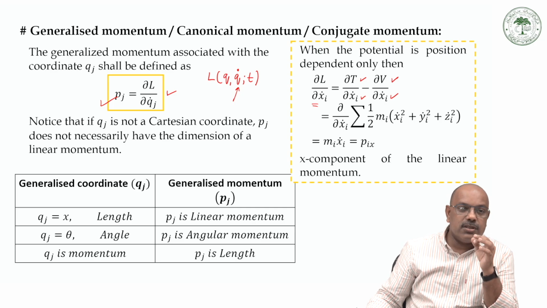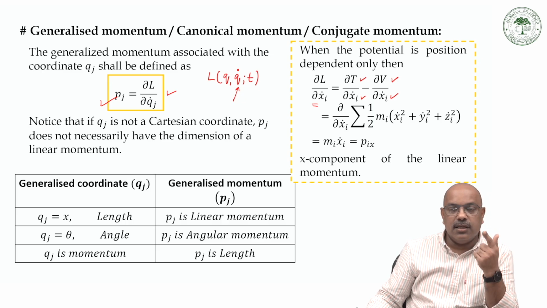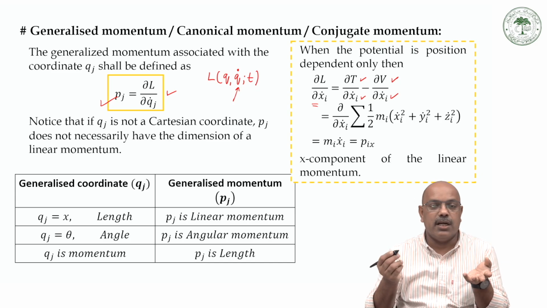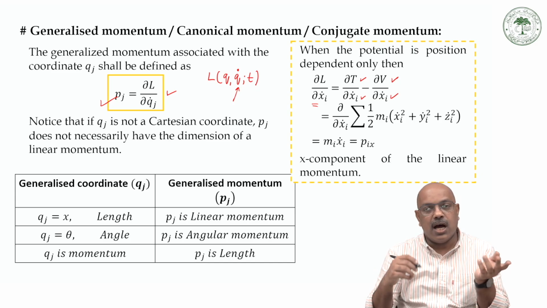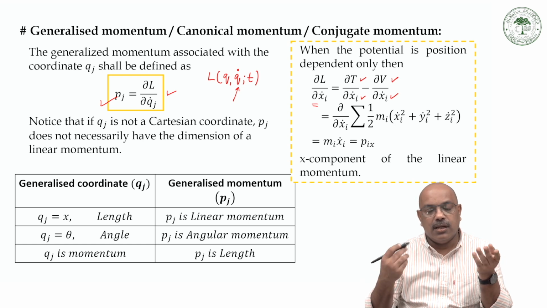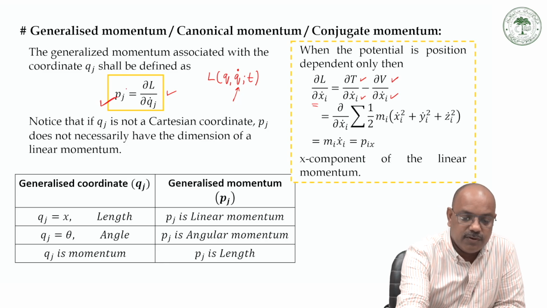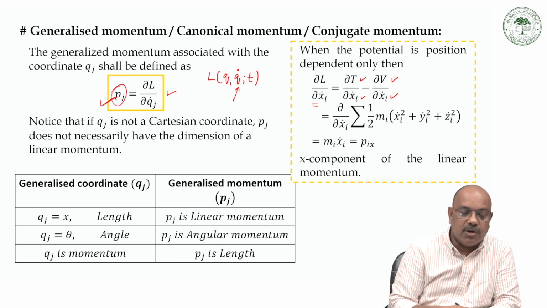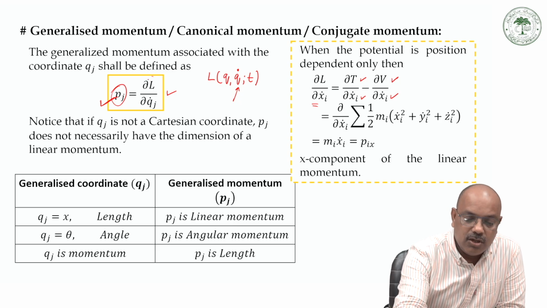Because q can be anything: when you write the Lagrangian and decide what your generalized coordinate is, it could be x, y, z, r, or theta. Then you can decide the dimension.